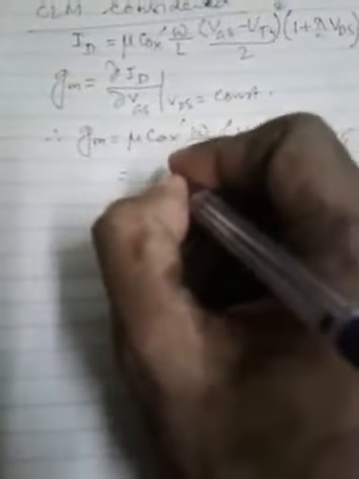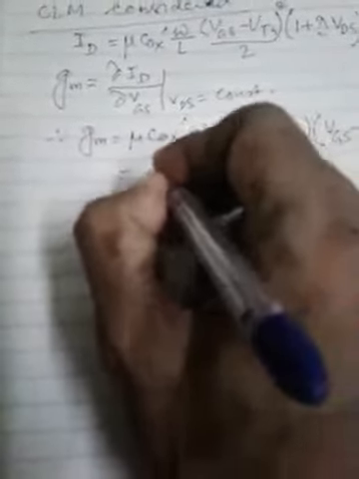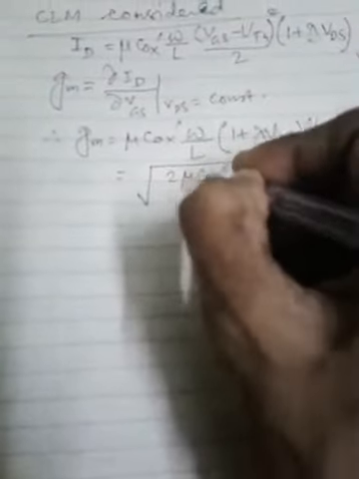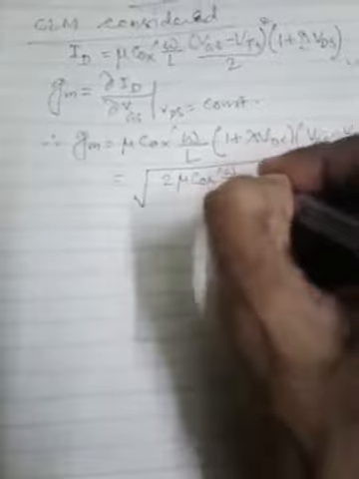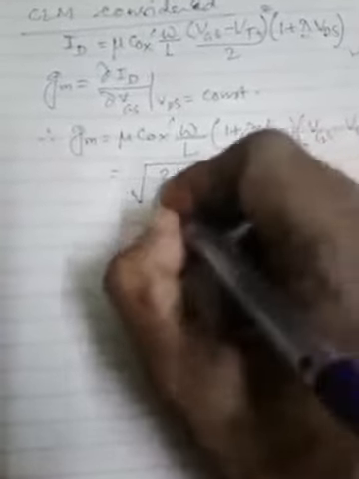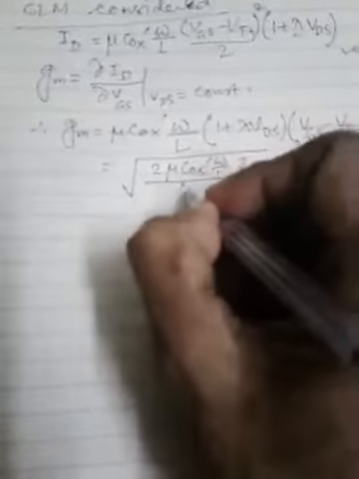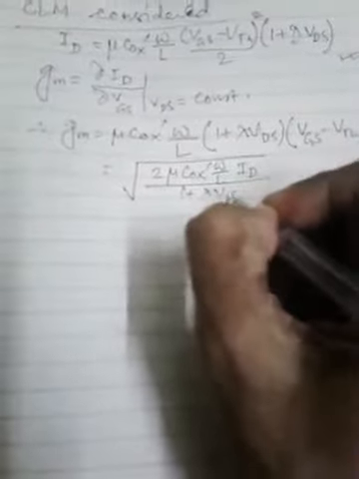Now this can alternately be written, as we have written in the previous case also, as root over 2 mu COX prime W by L ID divided by 1 plus lambda VDS.